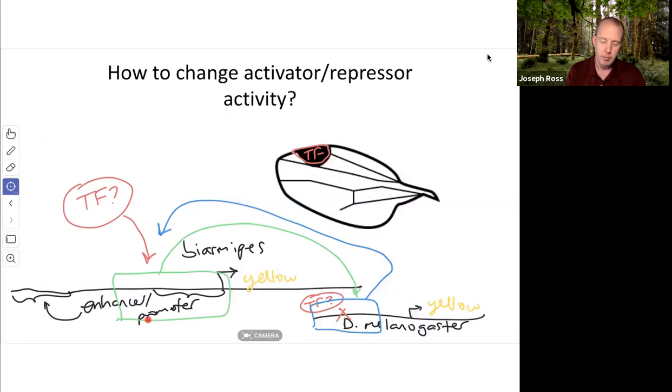So by cutting up little pieces of the enhancer and promoter regions of the yellow gene in biarmipes and moving that into Drosophila melanogaster, you might be able to test something. And I'd like you to think, is that a necessity test or a sufficiency test? You might be able to discover if there's a region of the regulatory sequence around a yellow gene that can actually turn on the production of a wing spot in the same way in a species that doesn't normally produce a wing spot.